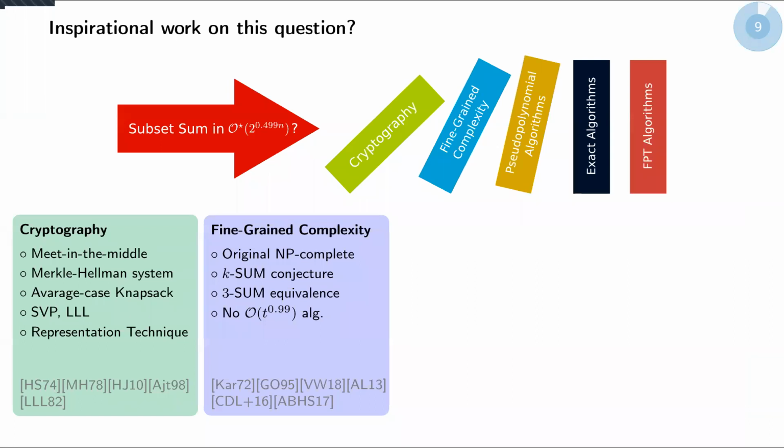And then in the fine-grained world, the knapsack problem was the original NP-complete problem by Karp. And this question is basically the basis for the k-sum conjecture, and we have something called 3-sum equivalence and a plethora of other lower bounds, such as that you cannot have a pseudo-polynomial algorithm that works in t to the 0.99 for subset sum unless SETH fails. So this work inspired a lot of lower bounds in the fine-grained regime.